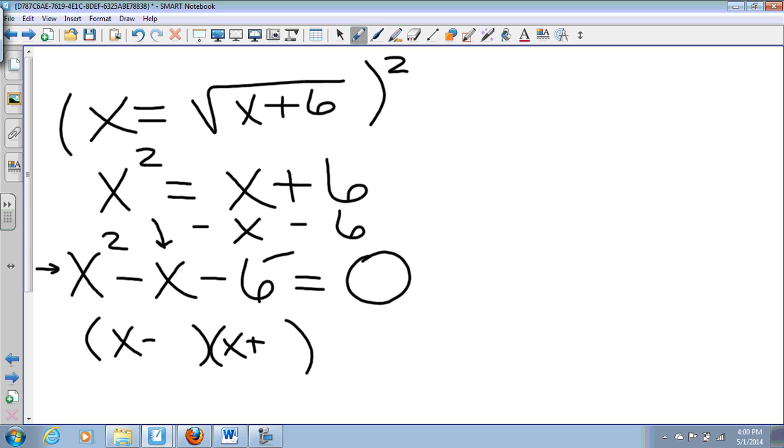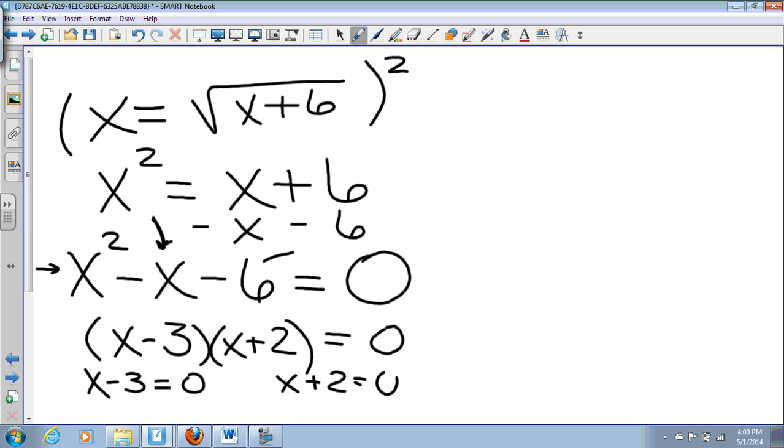So it's minus here, so my larger factor needs to be subtraction. That would be 3, and this one would be 2, and that equals 0. So then we can say x minus 3 equals 0, and x plus 2 equals 0. So here x equals 3, and here x equals negative 2.